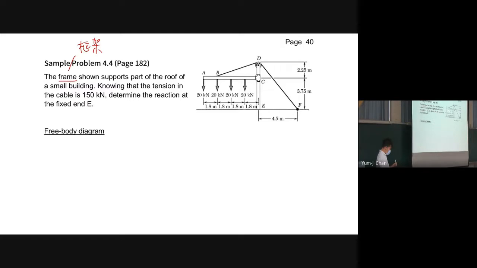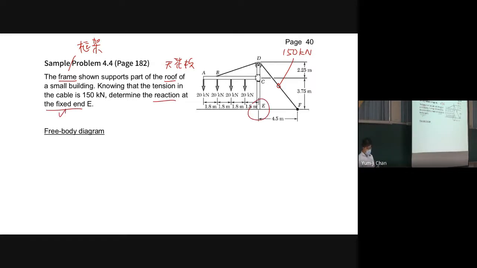Knowing that the tension of the cable is 150 kilonewton, determine the reaction at the fixed end E. The roof is this one. What do we know? We know the tension here is 150 kilonewton. And what do we want to determine? We want to determine the reaction at the fixed end E here.